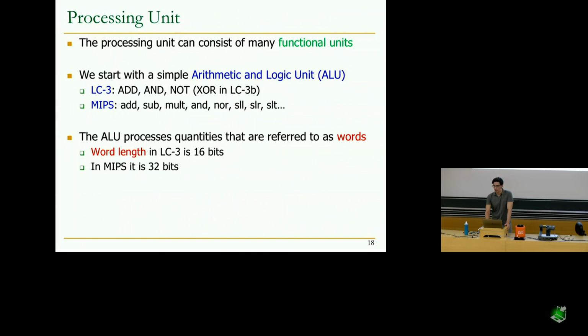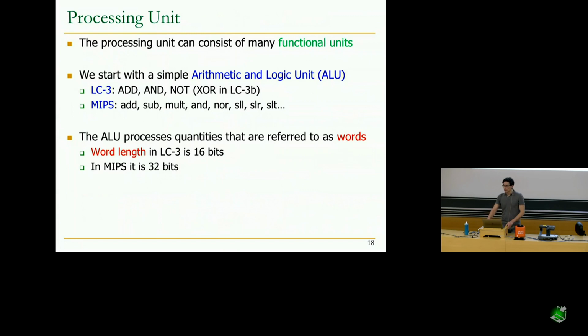The word length, that is the size of these operands that are going to be used by the ALU, is also the same size as the addresses. So in LC3, we use words of 16 bits for quantities and for addresses. In MIPS, the size is 32.